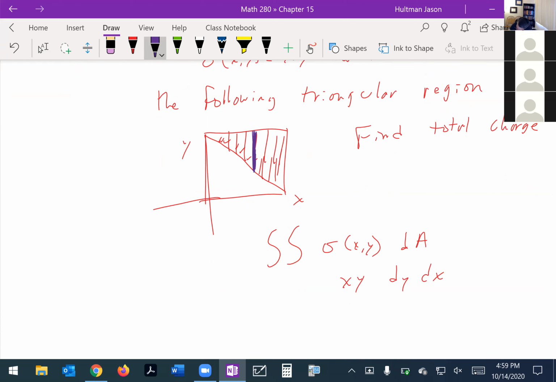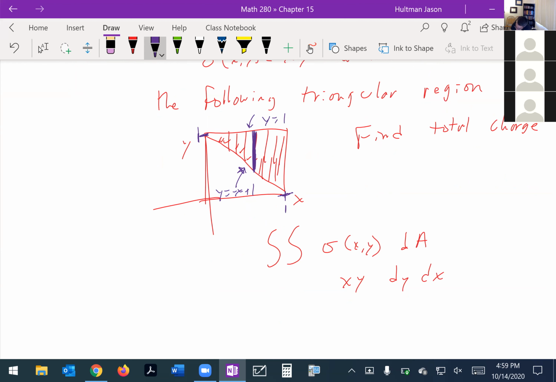What's the equation of the bottom line if this goes out to 1, and this goes up to 1? The bottom line is y equals negative x plus 1. What's the equation of the top line? That's y equals 1.